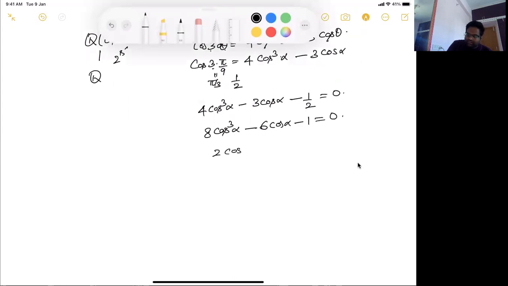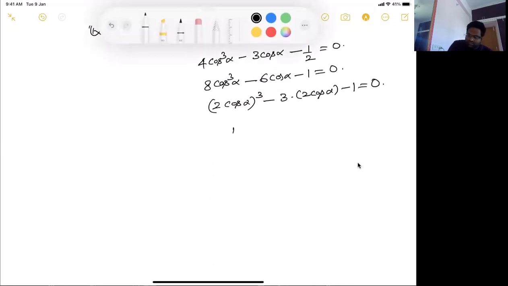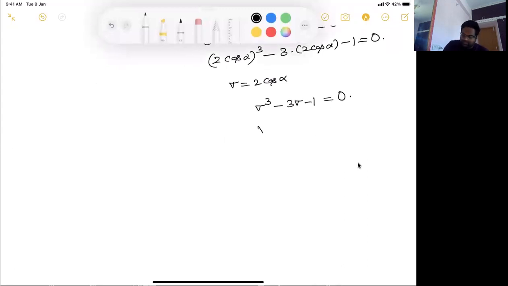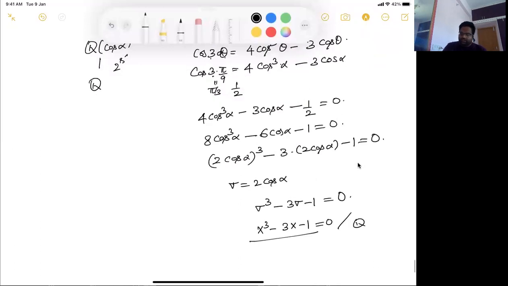You can write it as (2 cos α) whole cube minus 3 times 2 cos α minus 1 equal to 0. That is, if you take σ equal to 2 cos α, this equation looks like σ cube minus 3σ minus 1 equal to 0. So all you need to show is that x cube minus 3x minus 1 is irreducible over Q. If it is irreducible, it is a monic irreducible polynomial, and therefore it must be the minimal polynomial of σ.